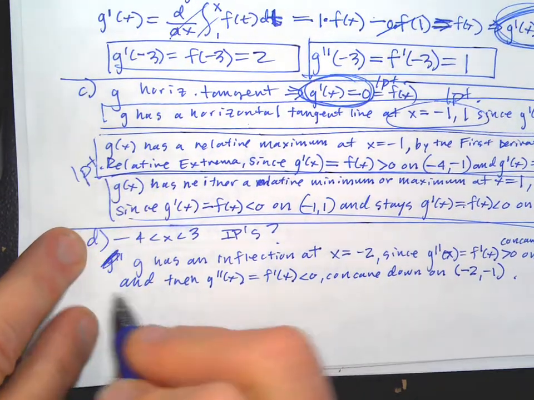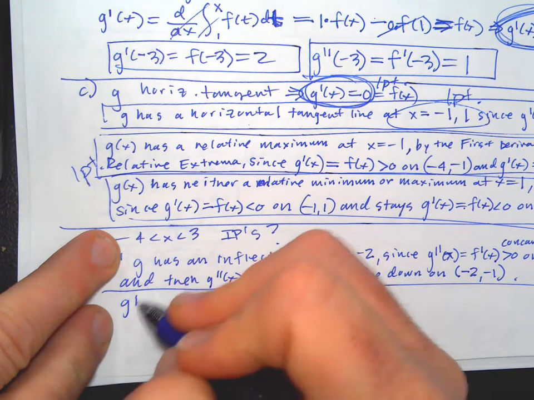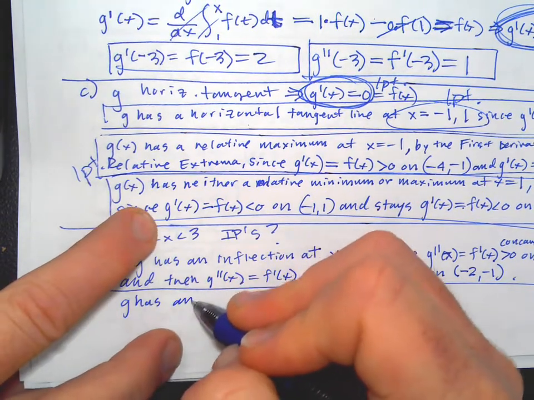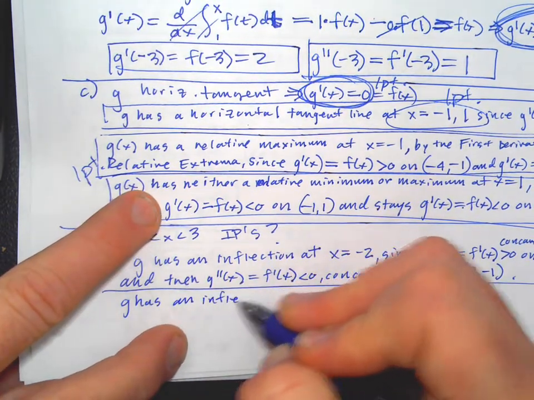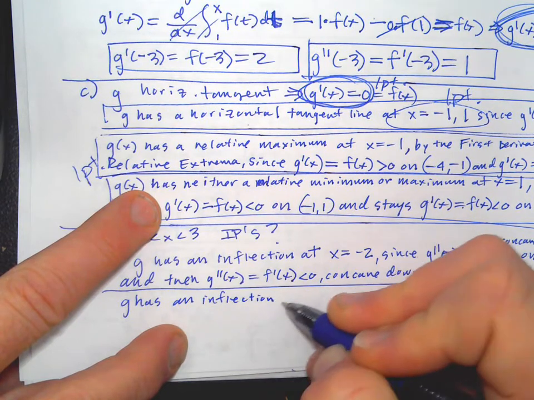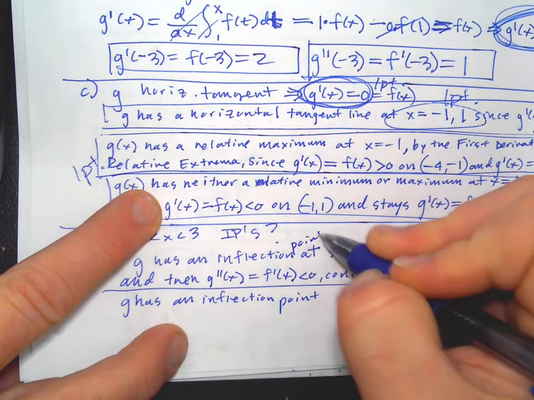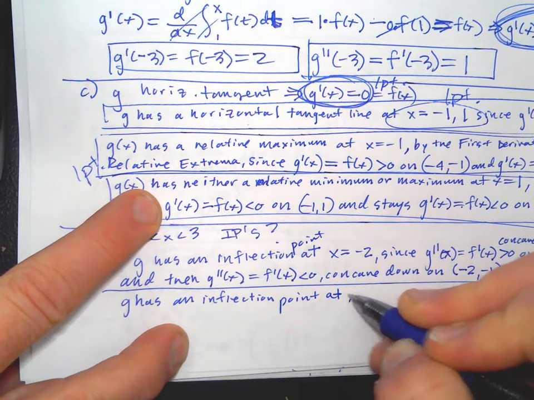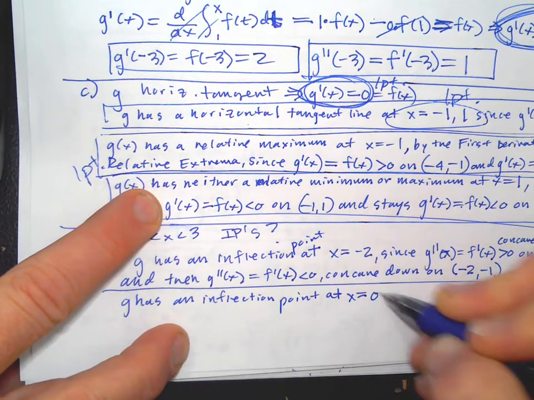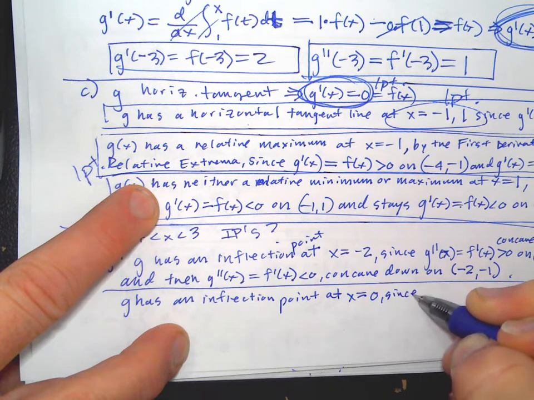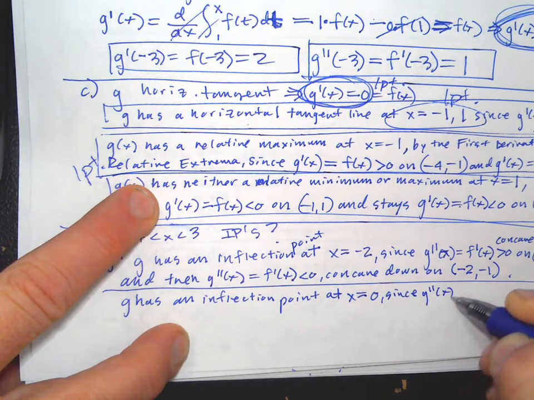So we got to do that for each of these. G has an inflection point at x equals 0, since g double prime of x, which equals f prime of x.